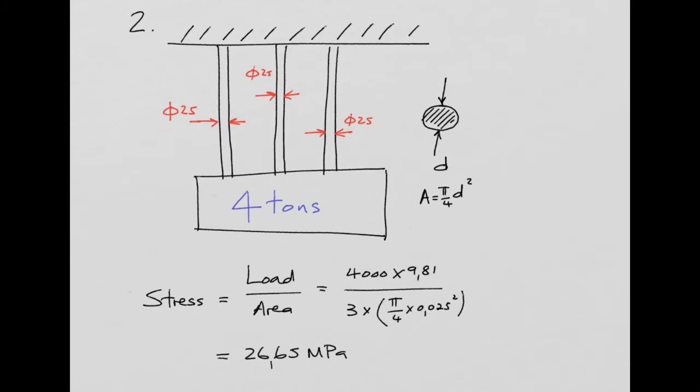So 4,000 times 9.81 would be the force involved, and beneath it we've got the area of the circle, pi over 4 d squared. Remember that the diameter goes in as meters. 25 millimeters expressed as meters is 0.025, and don't forget the 3, because there are 3 of these bars. In it goes to your calculator, and 26.65 megapascals is the answer.